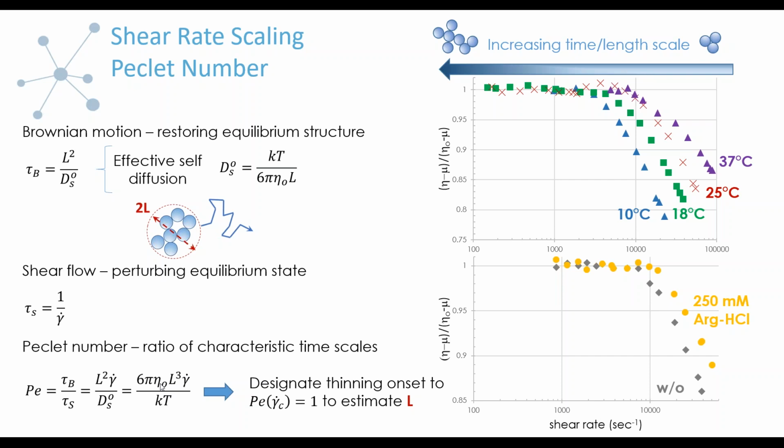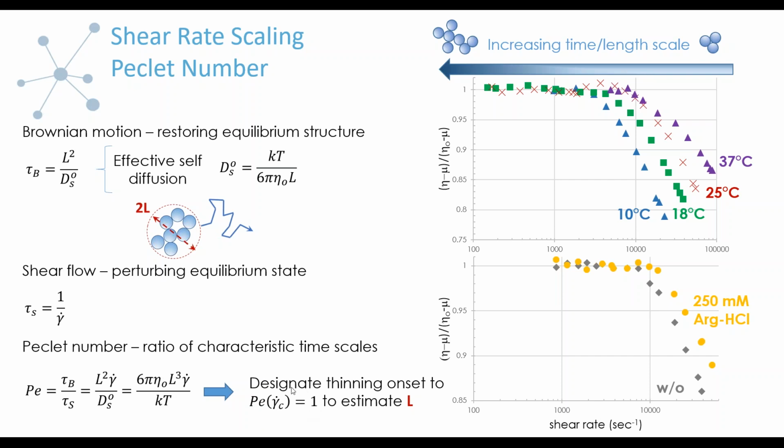So to get an estimate of this characteristic length scale, we're going to perform this scaling of the shear rate, converting it to Peclet number, and we're going to adjust L for each sample such that the onset of shear thinning occurs at a Peclet number equal to 1.